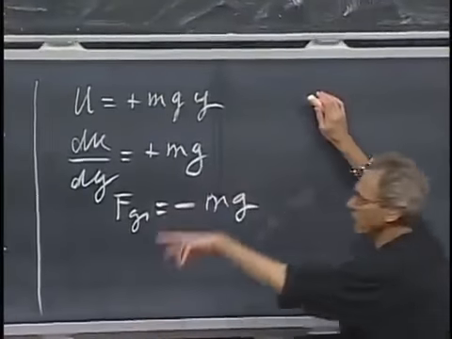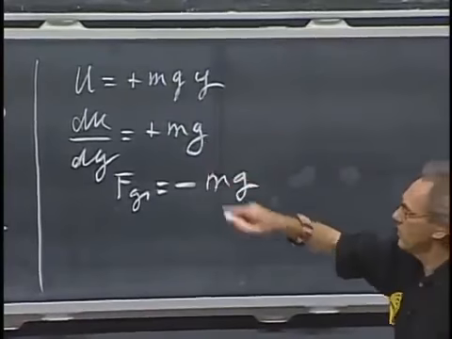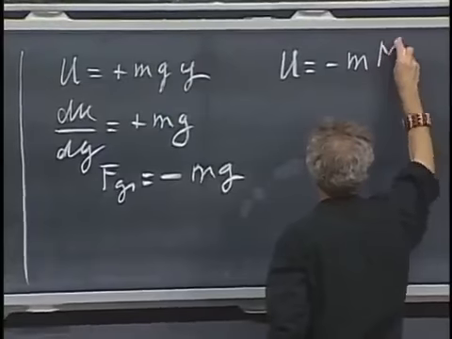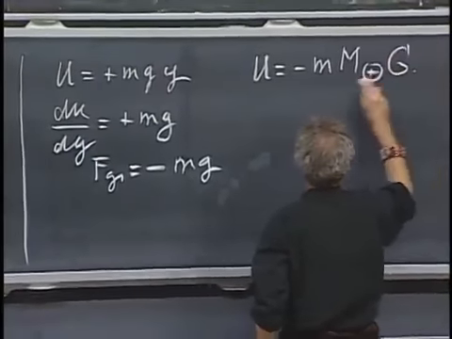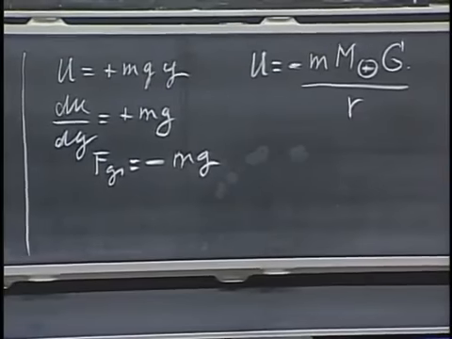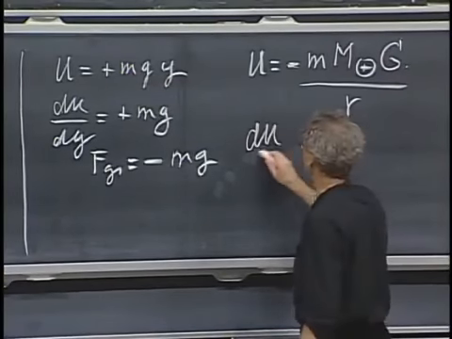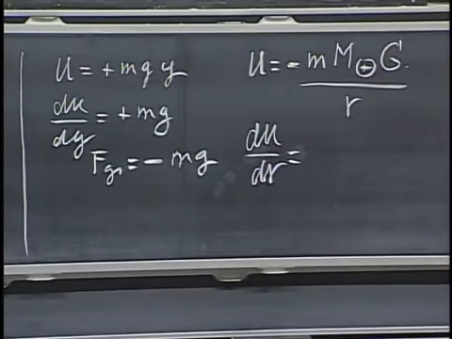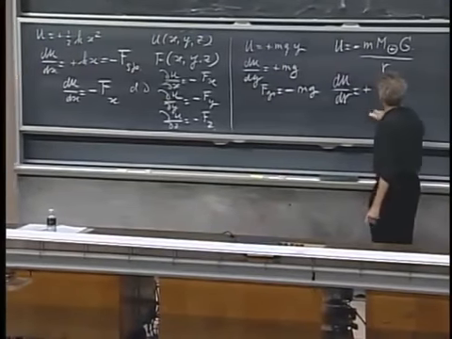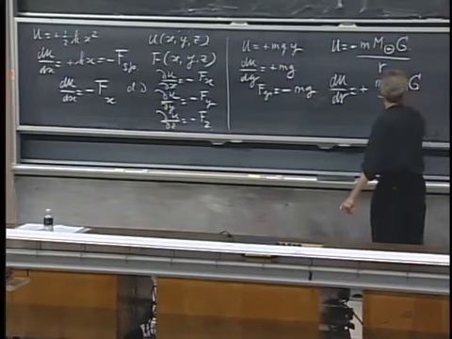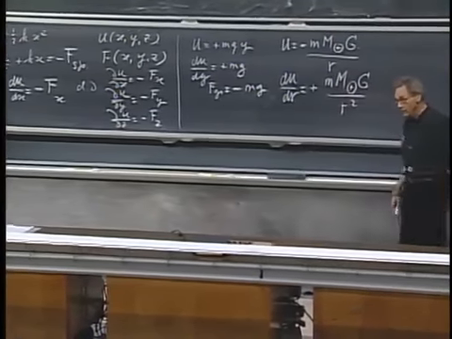Now we take the situation that we are not near Earth. We have there u equals minus m_Earth g divided by r. There's only an r here. So du/dr: the derivative of 1 over r is minus 1 over r squared. The minus sign eats up this minus sign, so I get plus m_Earth g divided by r squared.